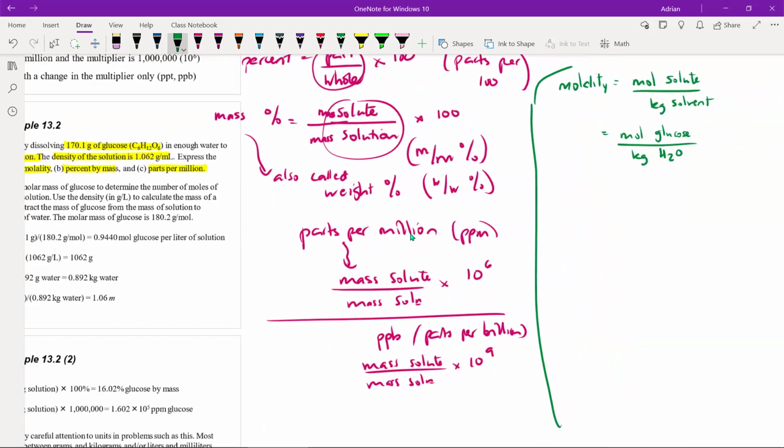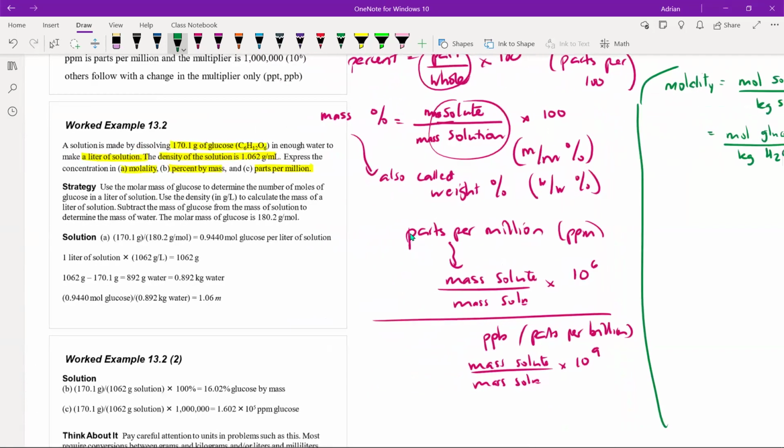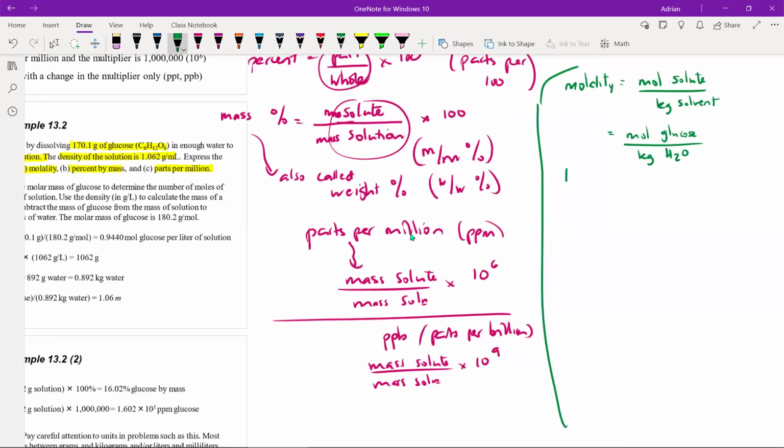All right, so let's look at the solute first. We're given 170.1 grams of glucose. We want to convert that to moles so we can use it in the equation above. So we need to use the molar mass of glucose. You're going to divide by the molar mass.